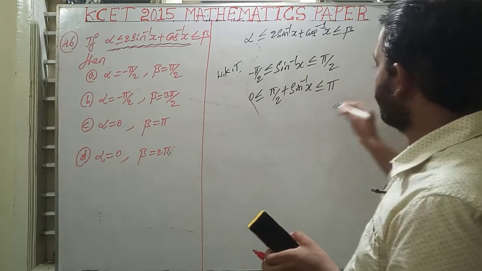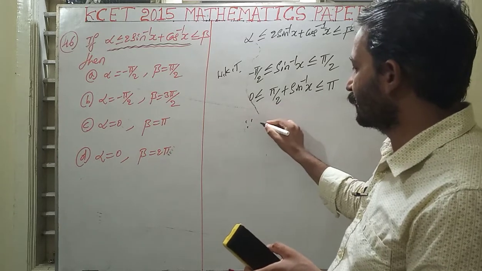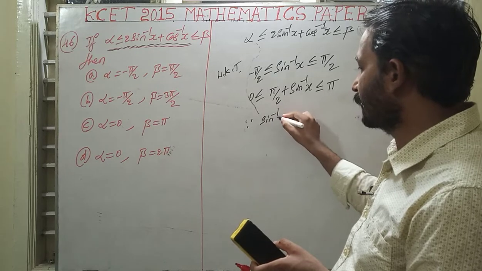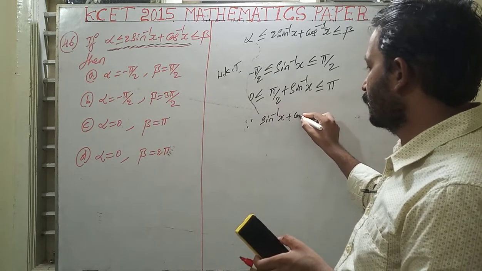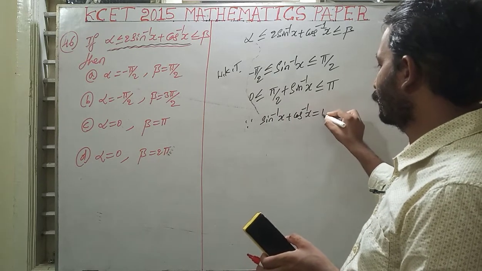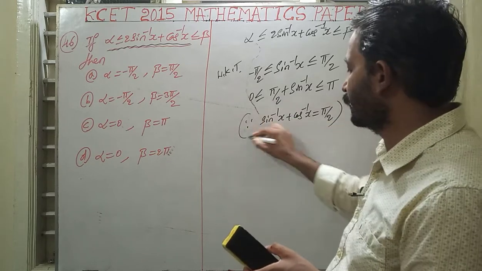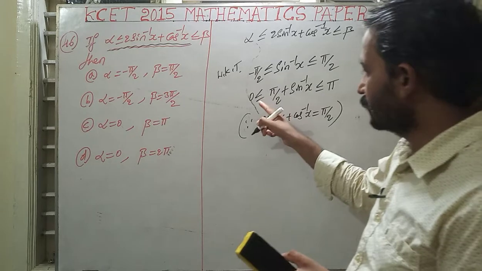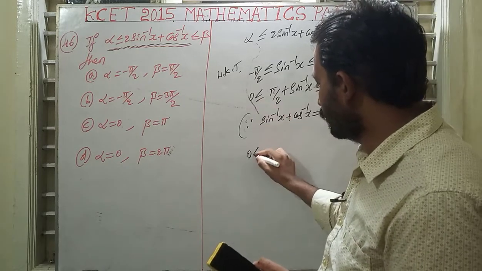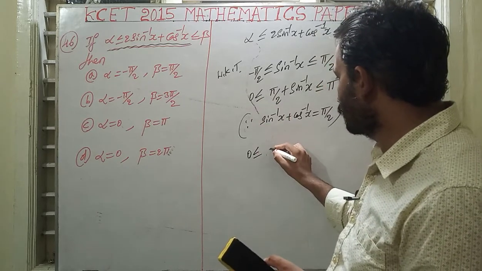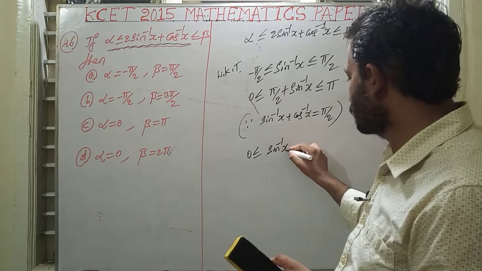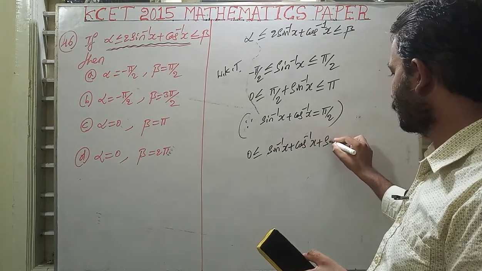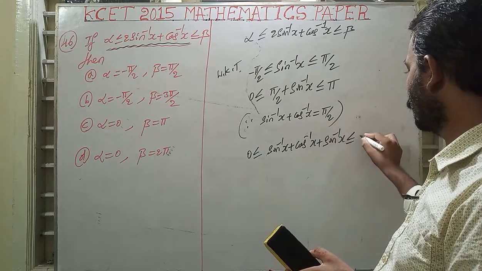Now once again, pi by 2 can be written using the trigonometry identity: sin inverse x plus cos inverse x is equal to pi by 2. So in the place of pi by 2 we can write sin inverse x plus cos inverse x. Now this becomes 0 less than or equal to sin inverse x plus cos inverse x plus sin inverse x less than or equal to pi.